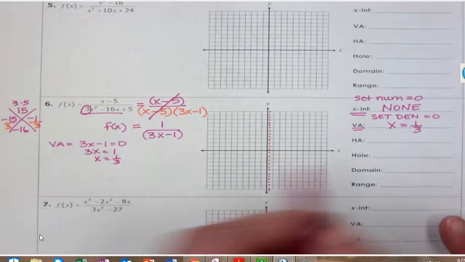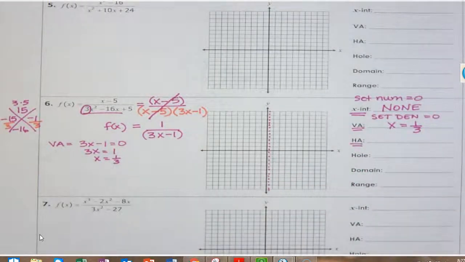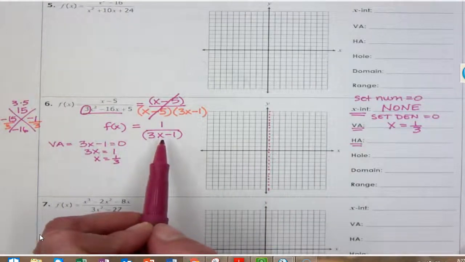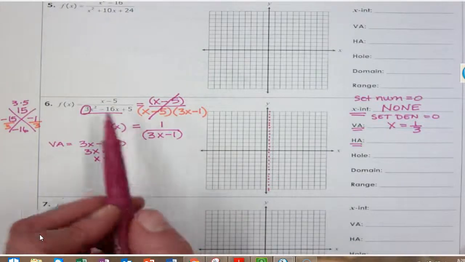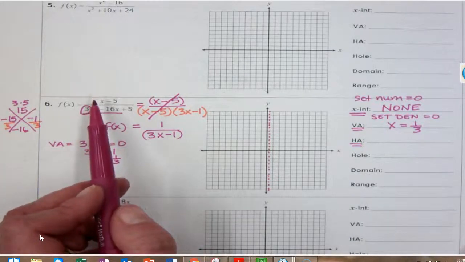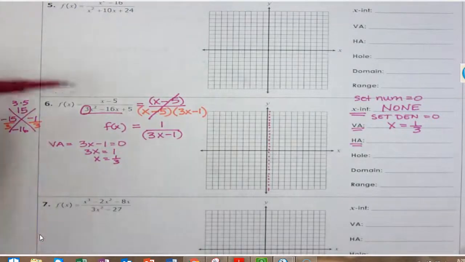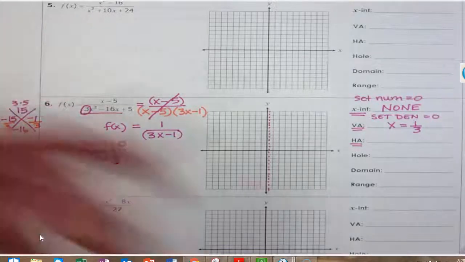So now I've got my horizontal asymptote. How do I find my horizontal asymptote? Is this a rational function or is it a reciprocal function? Well, it started as a rational function, so we're going to treat it like that. We're going to look up here and see, is this bigger on the top or bigger on the bottom?